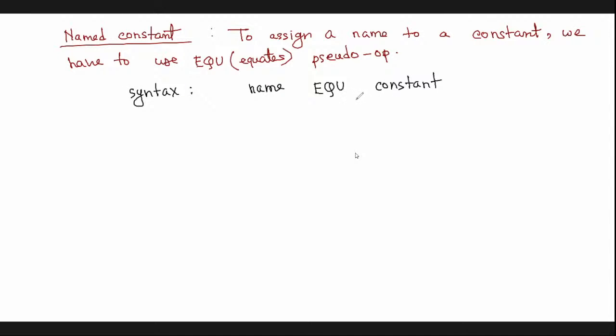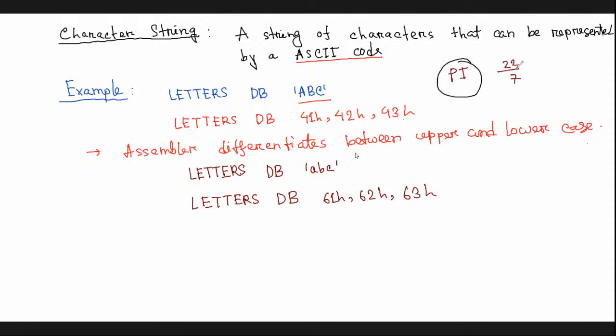Now, let me give an example. Like we already said, we have pi. Pi is a constant value. If you want to assign pi, you can do that simply.